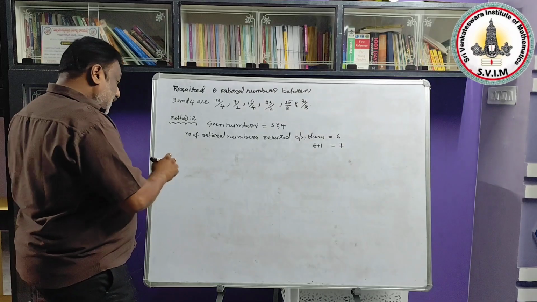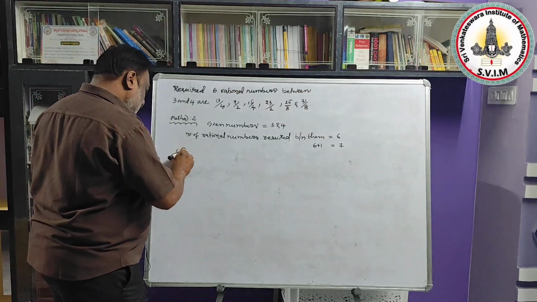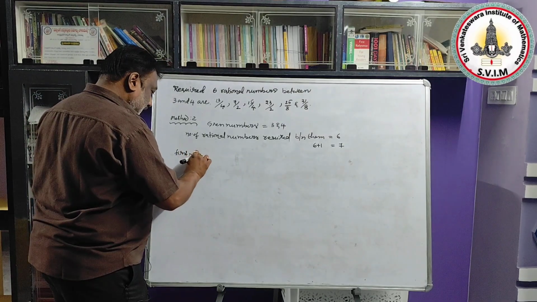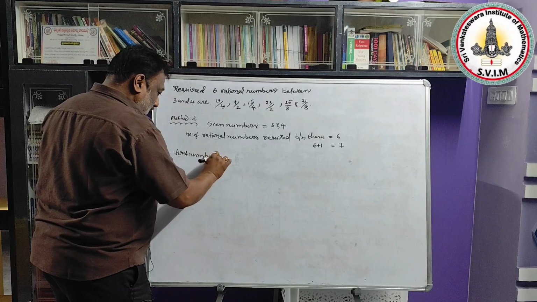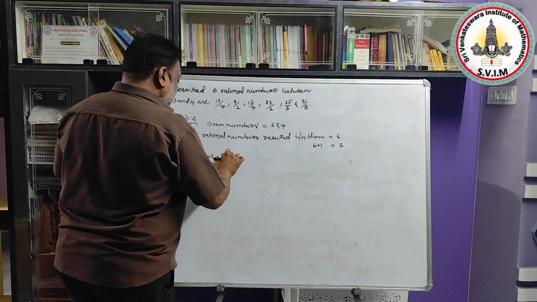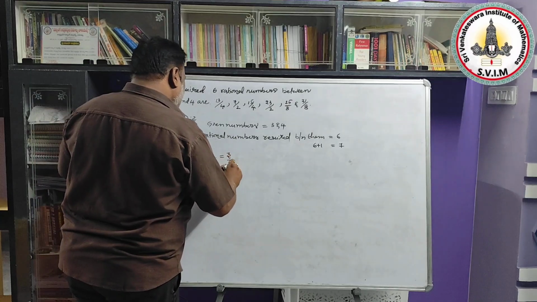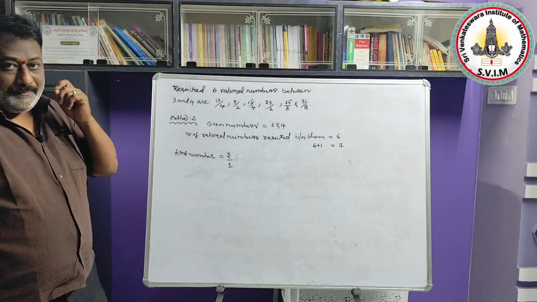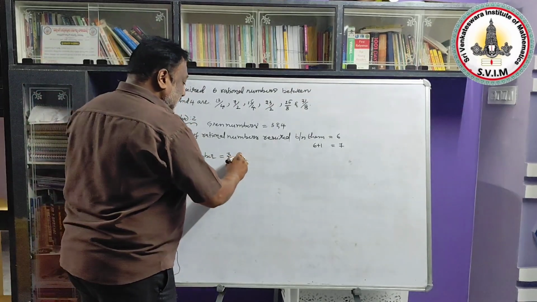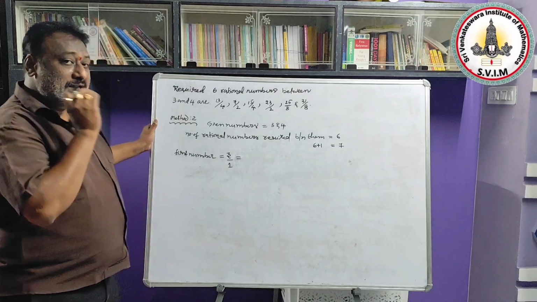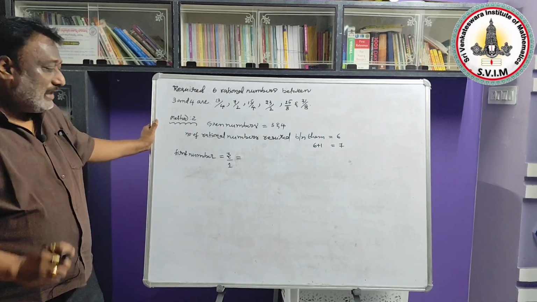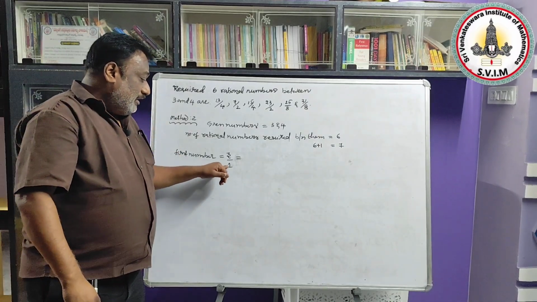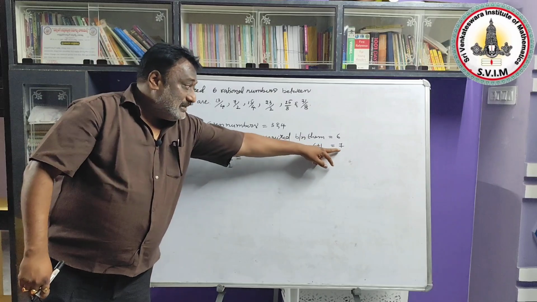So, the first number you need to consider is 3. But there is no denominator for this 3. You can assume its denominator as 1. Here the process is the same which I told in the previous class. In the denominator's place you need to get this 7.